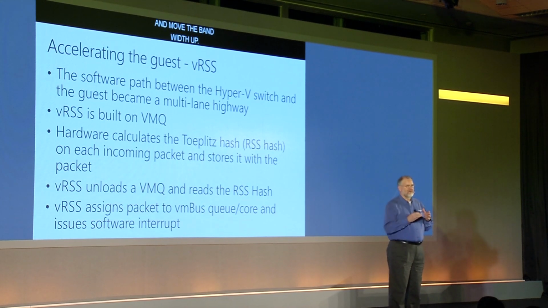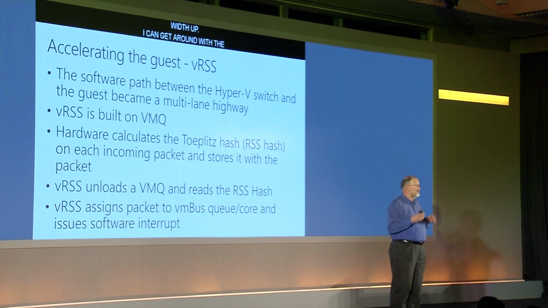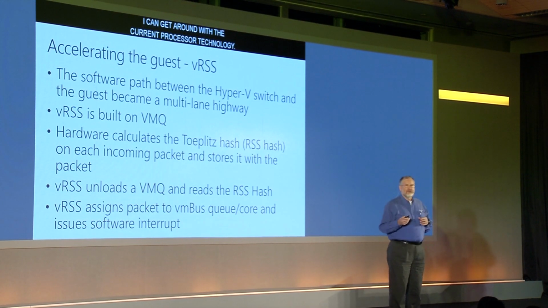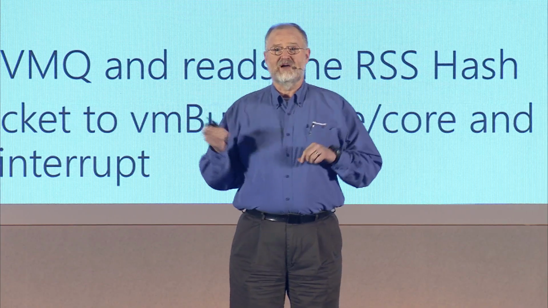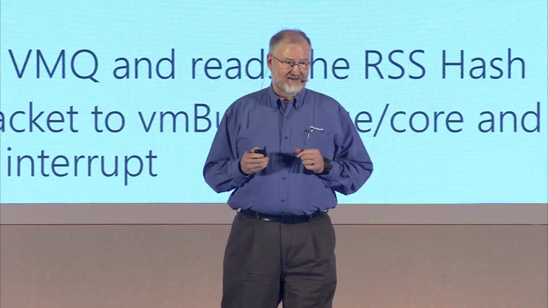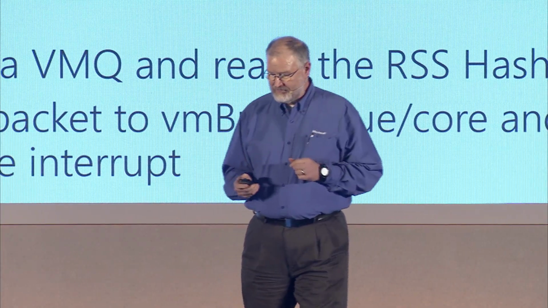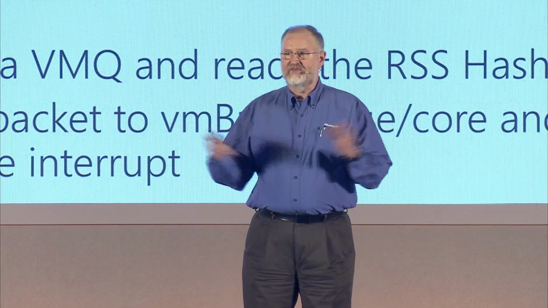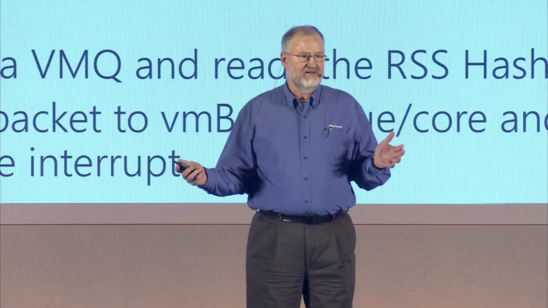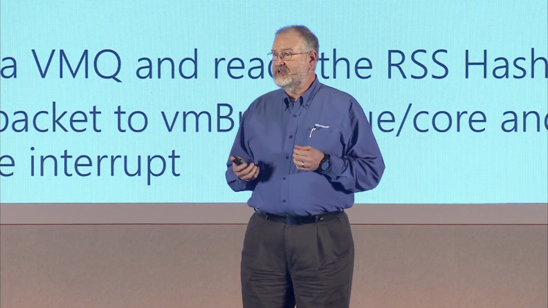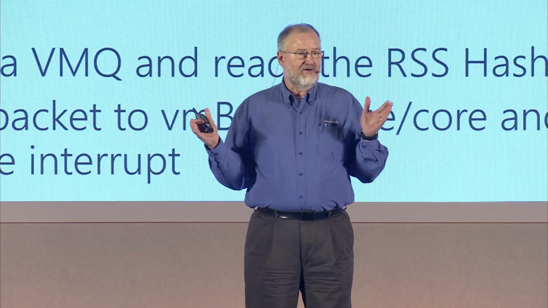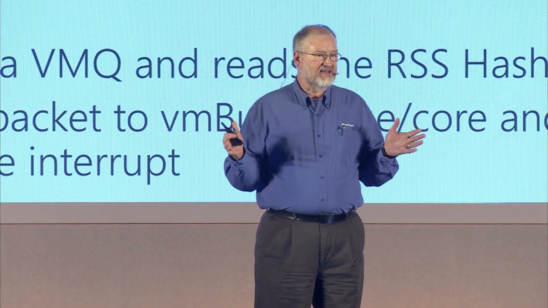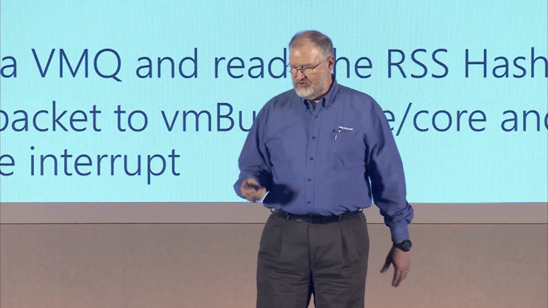Not the most advanced, but say standard, what you would buy today on the streets here in Taipei. With VRSS, I quickly jump up over 20 gigabits per second into the VM. The software arrives at the Hyper-V switch. The Hyper-V switch calculates the Toeplitz hash, or we get it from the NIC, and we divide the traffic out into different channels of the VM bus so that it arrives to the NIC as a multi-lane highway.